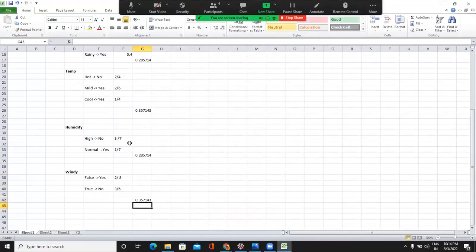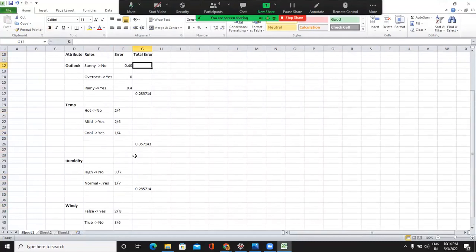So there is a tie, of course, between humidity and outlook. In that case, we will prefer a feature which has some pure element, that is, where the error is zero.